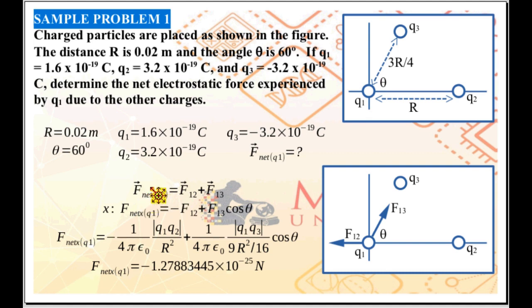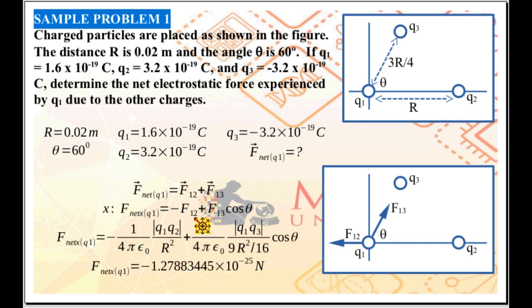We are looking for the net force. This is a vector equation. We need to use the component method to analyze this equation. So let's start with the x component. X component of Fnet, Fnet x. X component of F12, F12 is horizontal, negative direction.